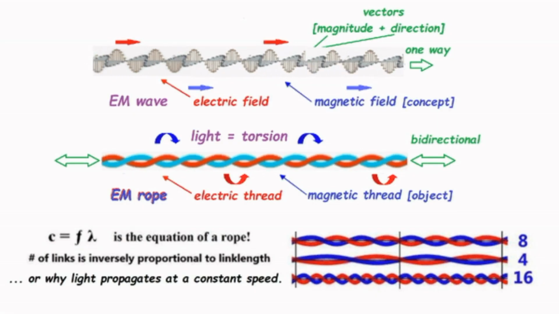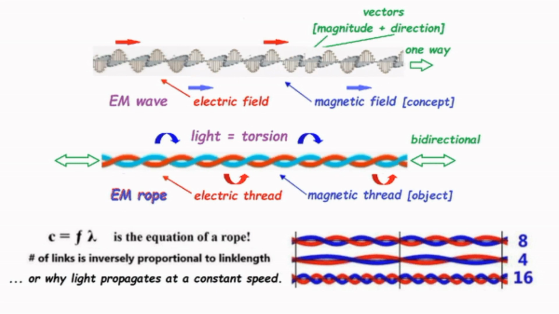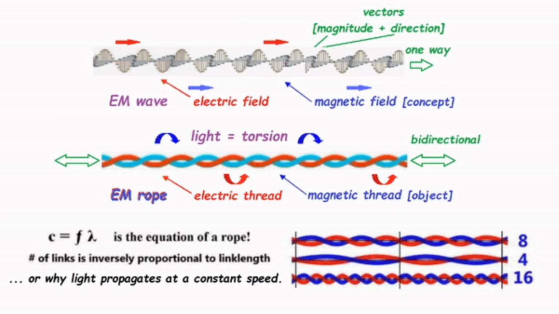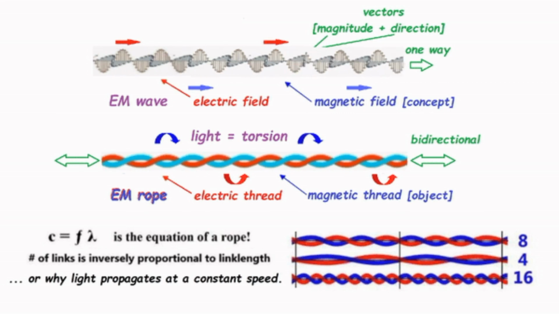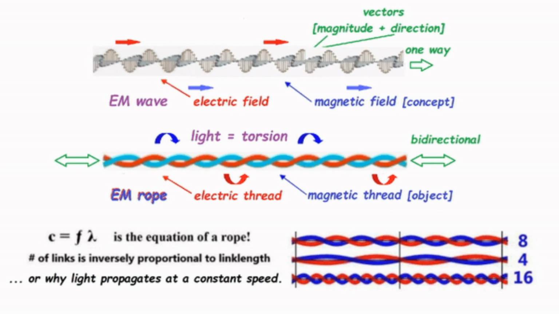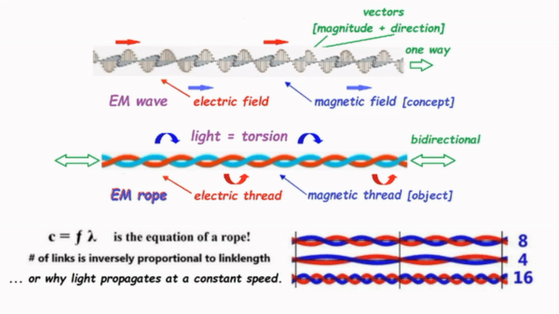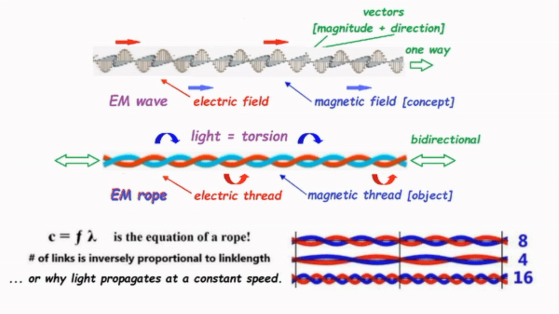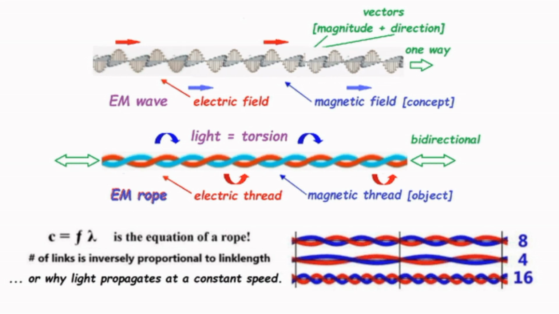We're saying that whereas the transverse wave travels in a single direction and has all these vectors and fields, which are mathematical concepts, we're just talking about magnitudes, values, units. That's all we're talking about there. And you compare it against the rope, which not only explains the speed of light, but has the right structure and is bidirectional.